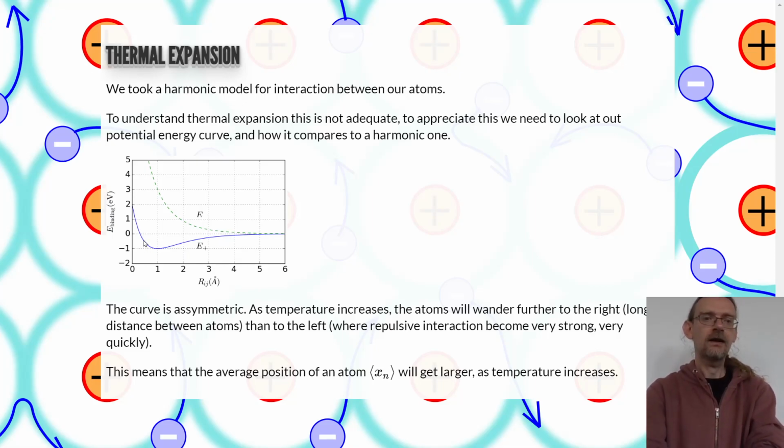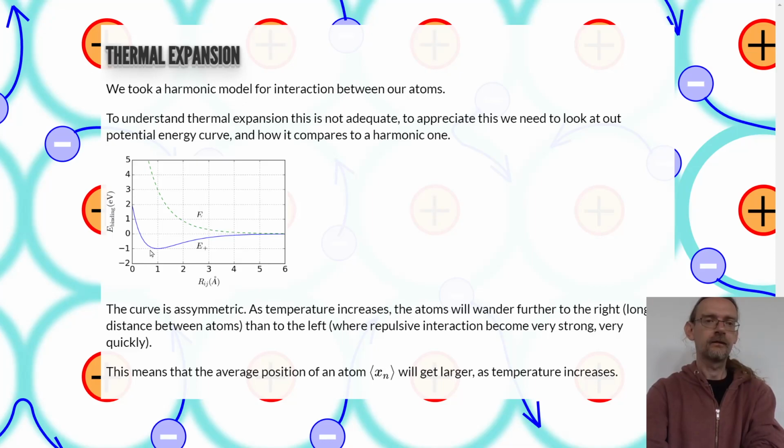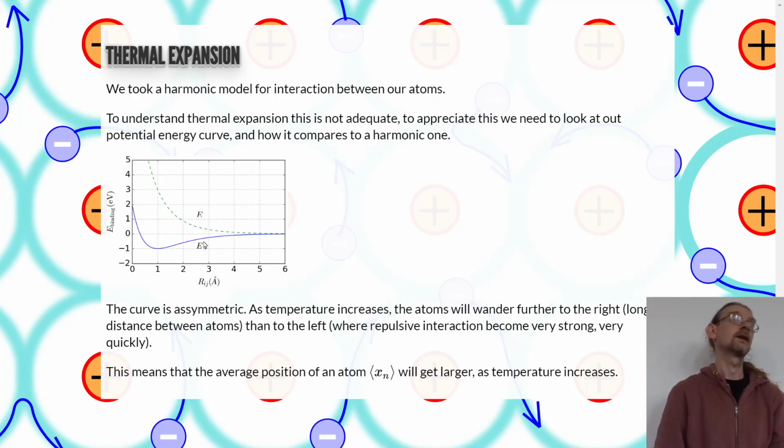And this means at a temperature, as you let the atom roll around higher up the curve, if you take the average displacement, as the temperature increases, it moves to the right because the potential is softer on this side. There's a classical mechanical result.